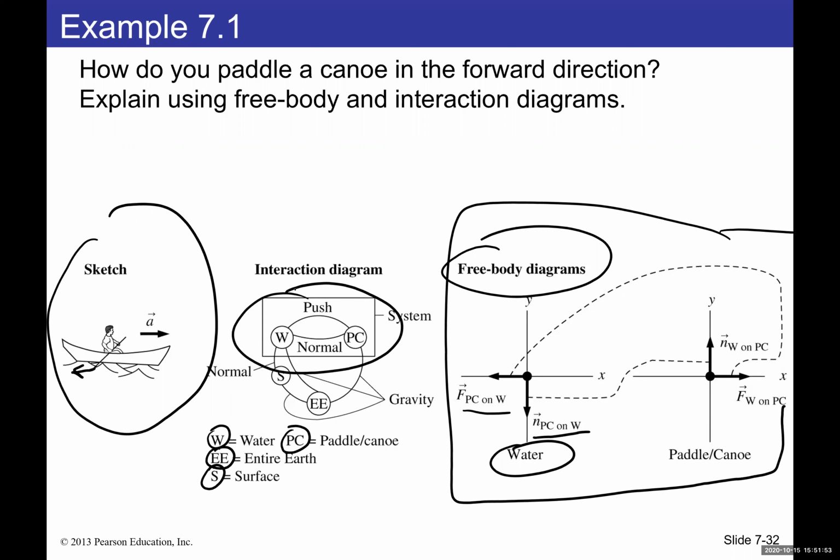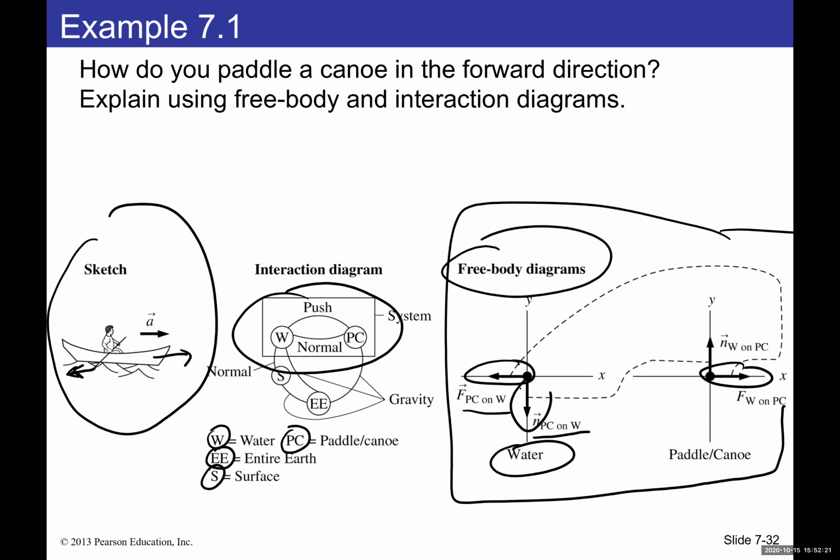So in the free body diagram, technically, in order for the paddle canoe to move forward, it has to interact with water. You push the water back, water then pushes the canoe forward with the same force. So as you push the water to the left with the paddle, water then pushes you forward.